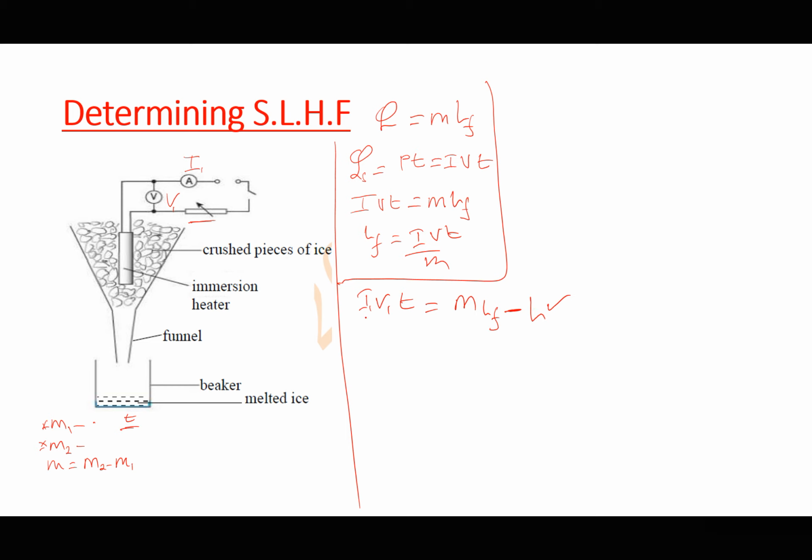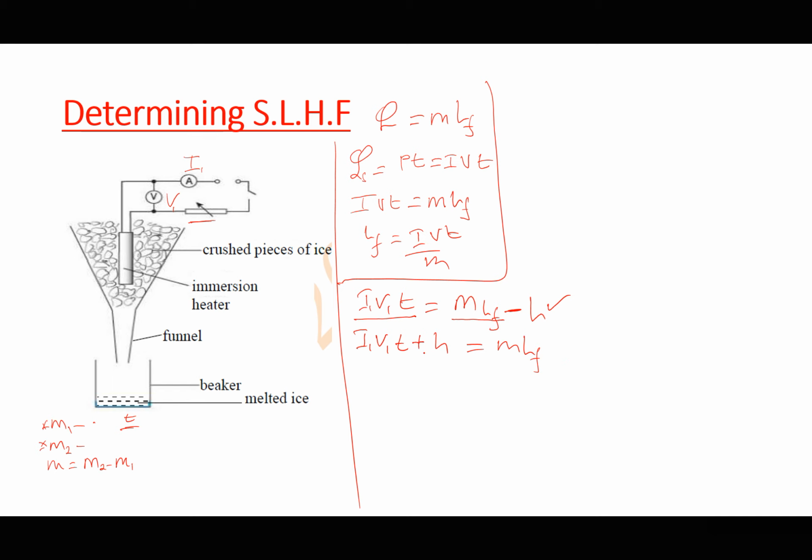It means that part of the heat supplied goes into melting the ice, but remember the ice is at a temperature less than the room temperature. In most cases, it gains energy from the surrounding. So many times this will be written as I1 V1 t plus the heat absorbed from the surrounding. All this goes into melting the ice.